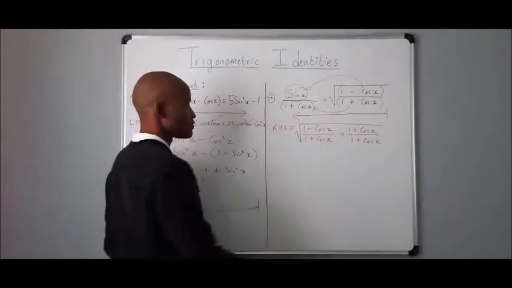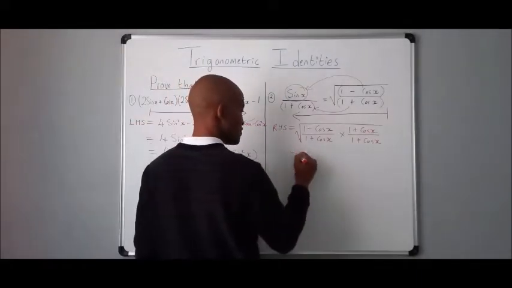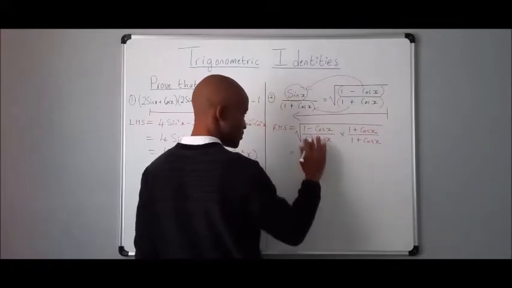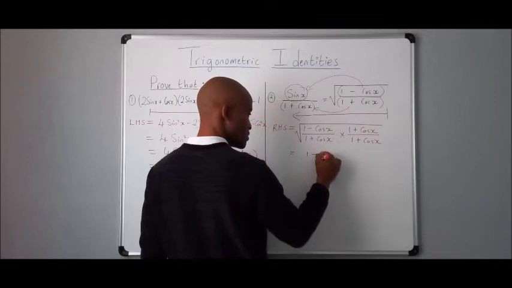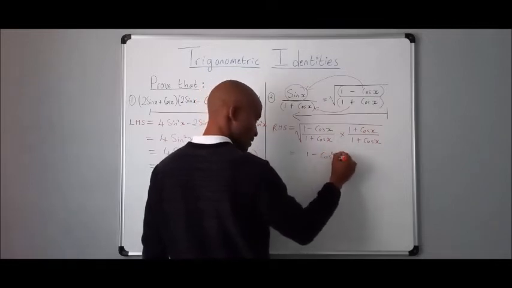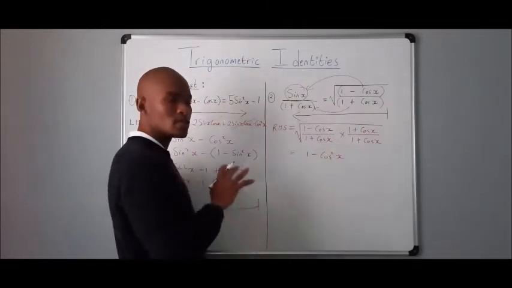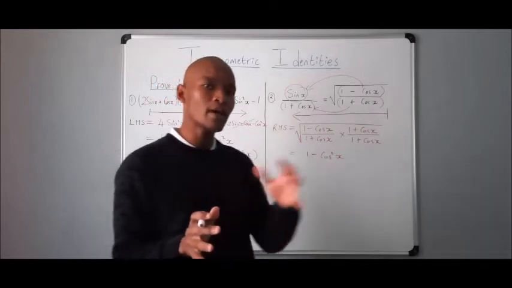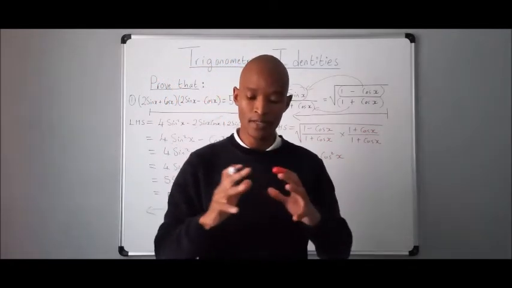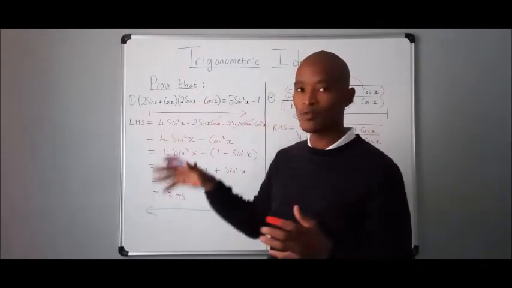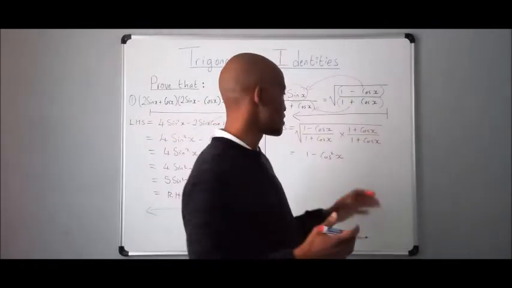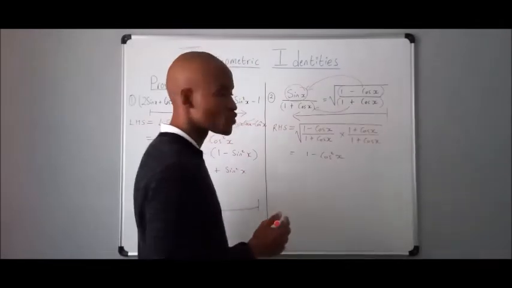Good stuff. Now let us simplify here. What's going to happen? Here is a difference of 2 squares, so it's 1 minus cos square x. If you don't see it, you're welcome to expand it. Write it as a product of 2 binomials like here, and apply the FOIL method, and you will definitely end up with a difference of 2 squares.